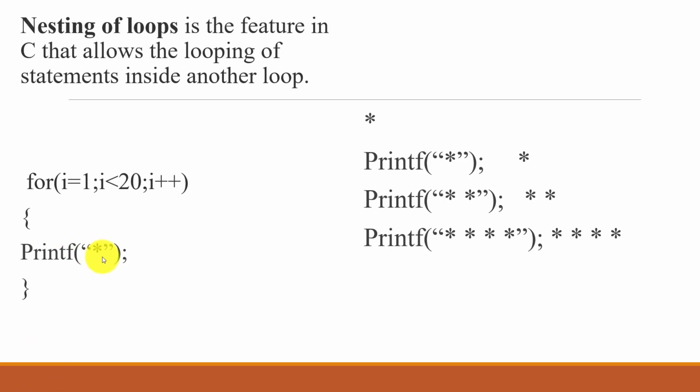Now if I want to print patterns, for example a pattern like this, how am I going to print it using a for loop? Just now we saw one program with which I can print one row of 5 stars.